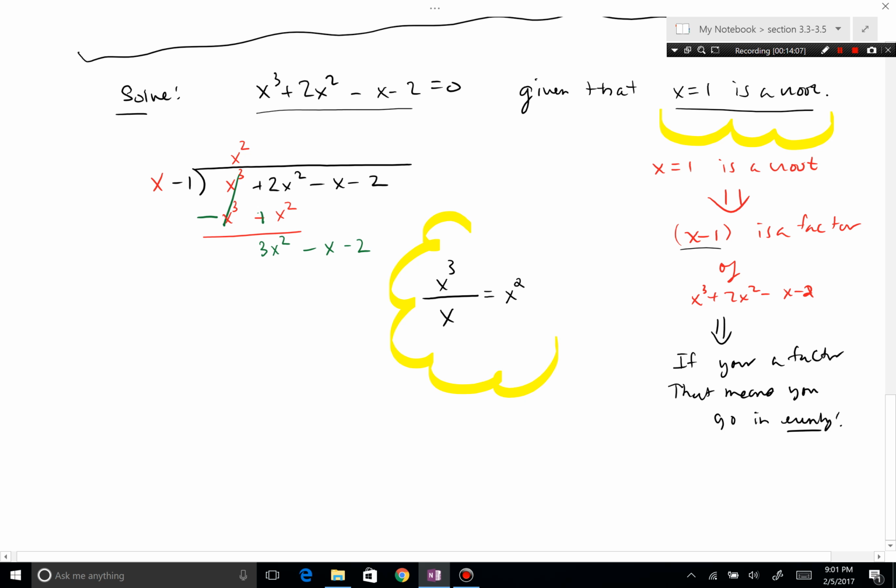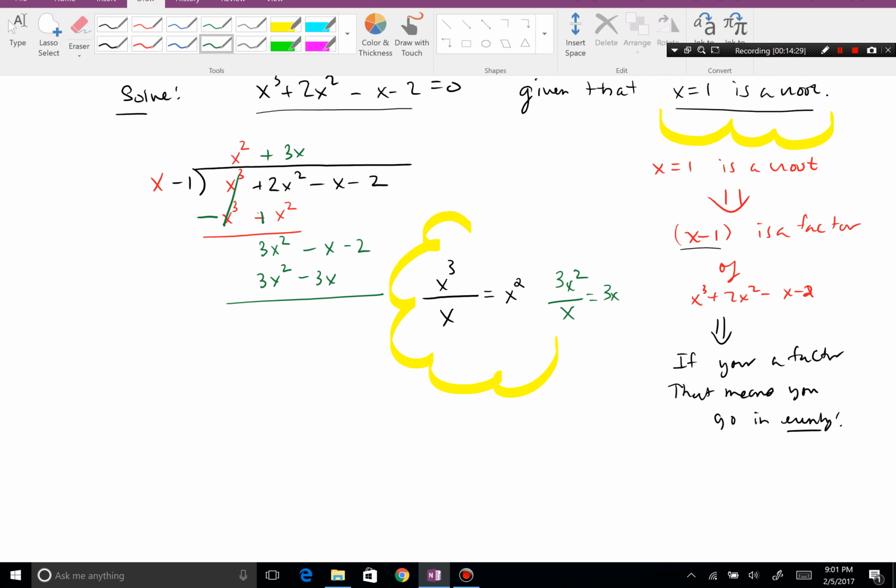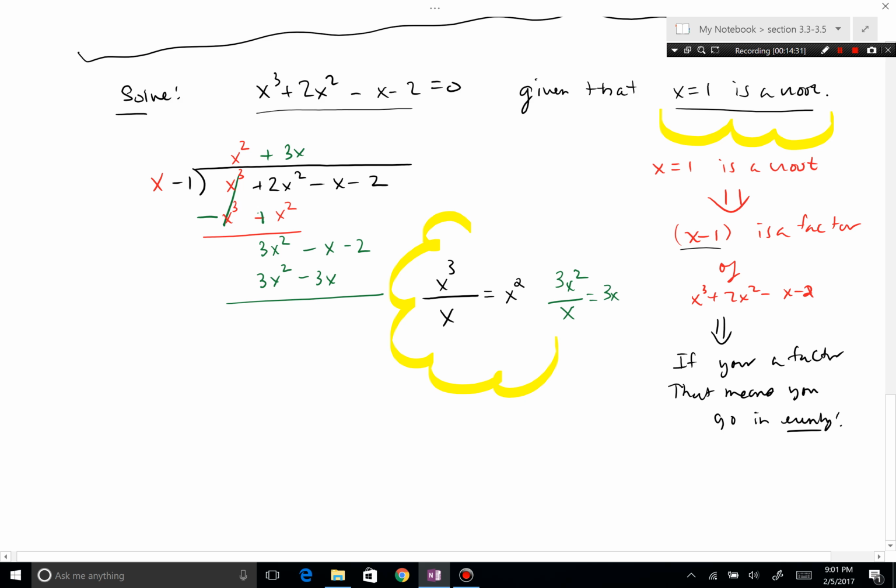So here we go. How many times does x go into 3x squared? Remember, highest degree into highest degree of the remaining thing that we're dividing. Well, that is 3x times. So we get 3x squared minus 3x. Now, here we go. Let's change colors again. Got to distribute a negative in.